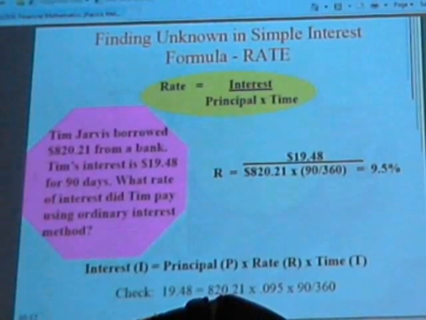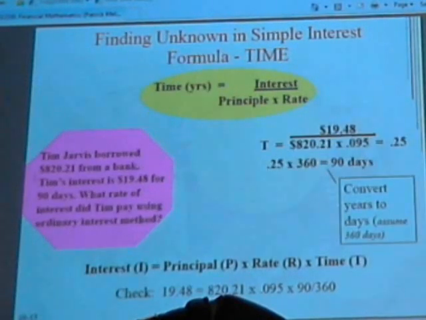Oh, 205, it's the same thing. Did it come out right? Anybody needs help, see me after class. Alright, we're almost done.